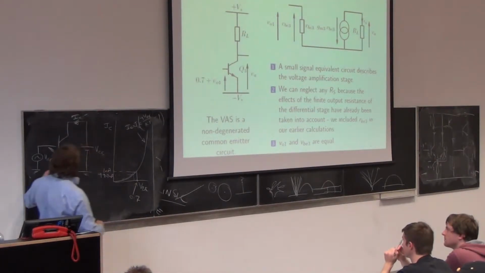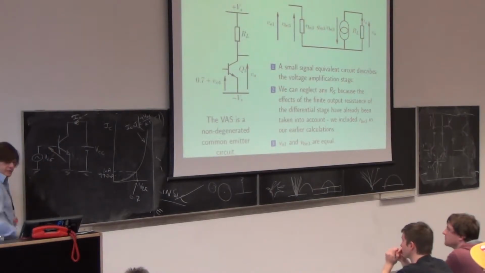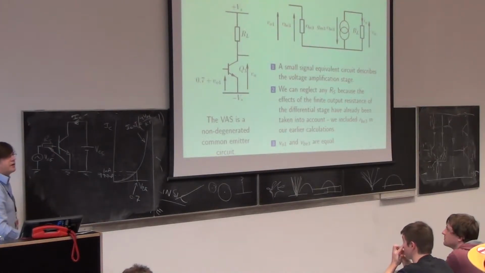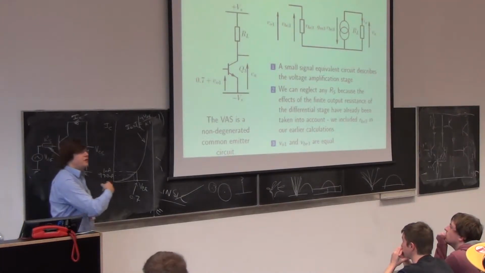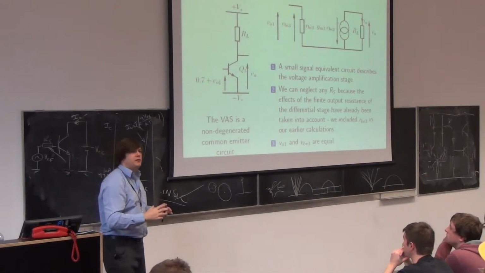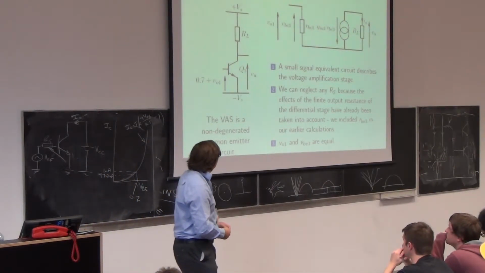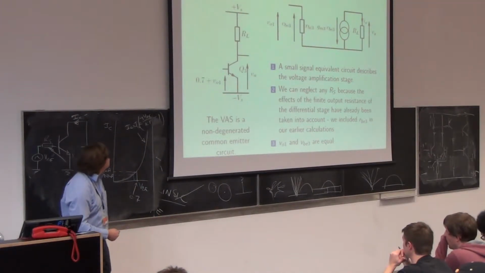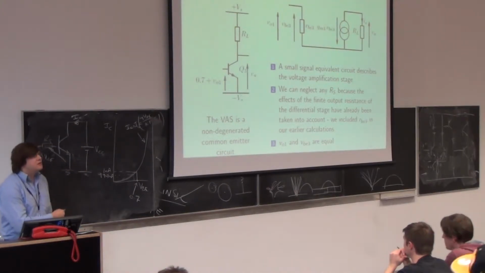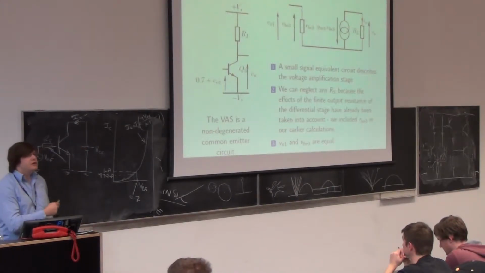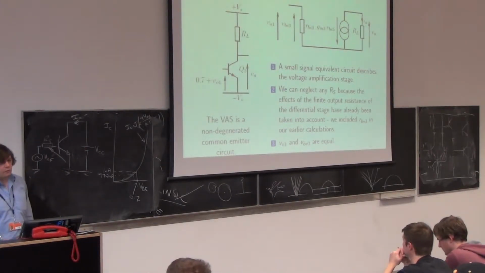Usually if I've got a source like this one, I'll say, oh well, there's a little resistor in there, and I'd call it RS, and I'd worry about what effect RS had on the gain and all that. But we know there's no RS, because in our last small signal model, we included RB, so it's already all bound together nicely. RS is 0. That's pretty much all there is to say there. Happy with this? If you're happy with the common emitter from 118, you're happy with this, because it's the same thing, without degeneration.